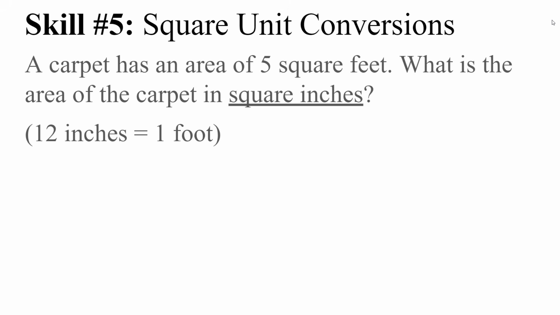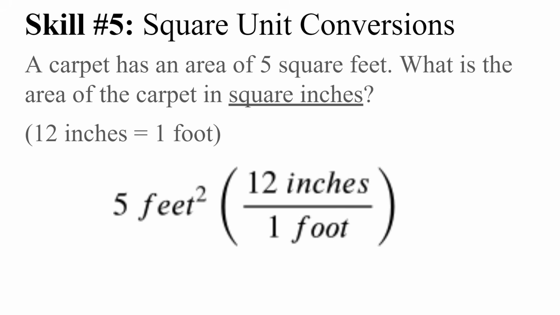We have a carpet with an area of 5 square feet. What is the area of the carpet in square inches? So many people would just straight away try to do what we did before. But you see, these units, square feet and foot, they don't cancel because they're not the same thing.